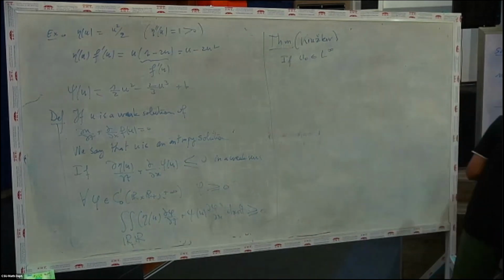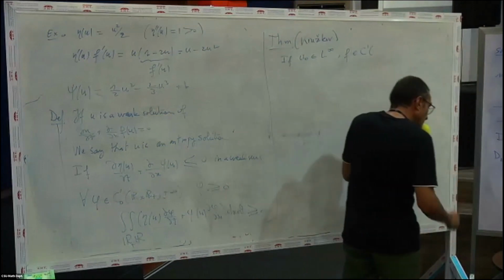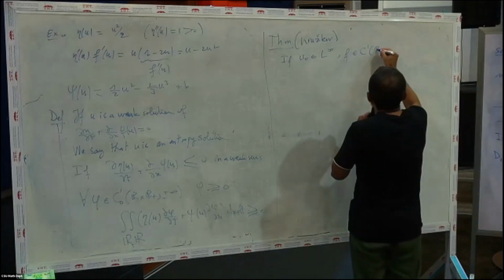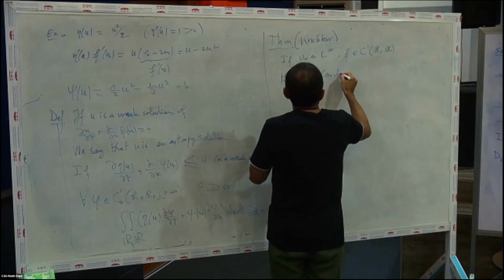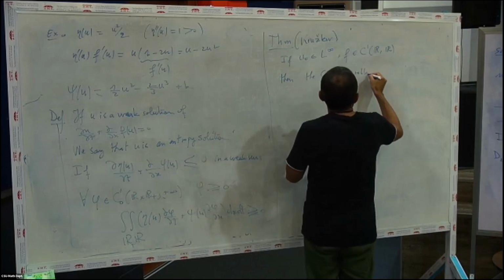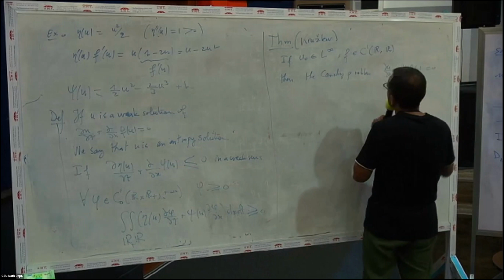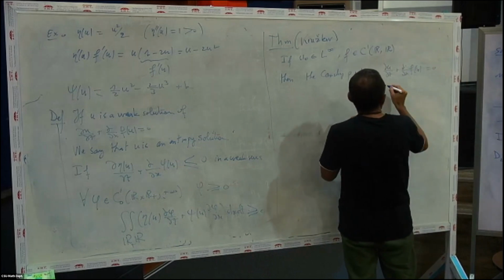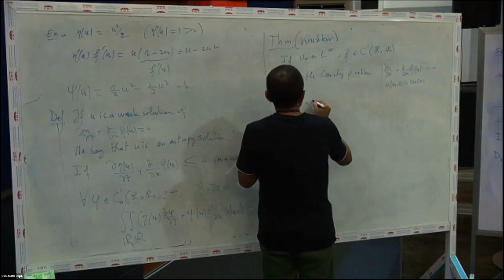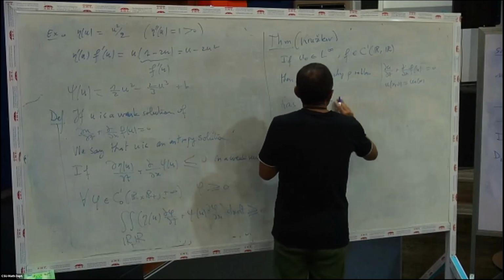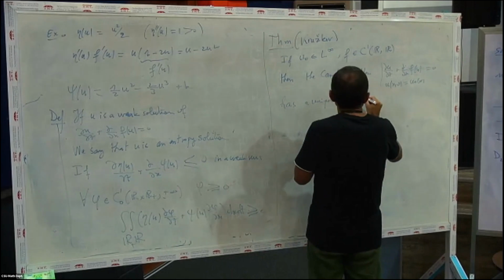If u0 is in L infinity and the flux f is C1 from R to R, we need some regularity on the flux, then the Cauchy problem u_t + f(u)_x equals 0 and u(x,0) equals u0(x) has a unique weak entropy solution.